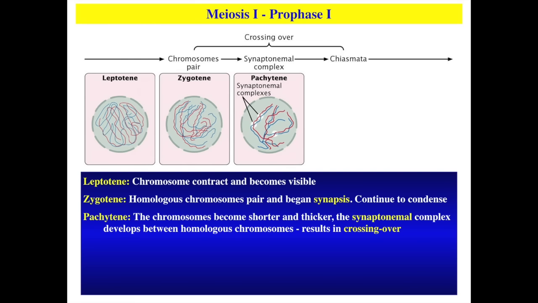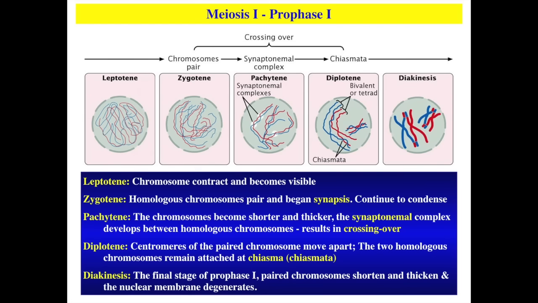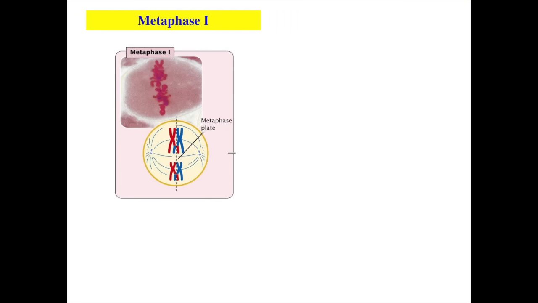This complex facilitates the crossing over, or the recombination, of the homologous chromosomes. In diplotene, centromeres of the paired chromosomes move apart. The two homologous chromosomes remain attached at the chiasma. During diakinesis, the final stage of prophase I, paired chromosomes shorten and thicken and the nuclear membrane degenerates, which prepares the way for metaphase I.